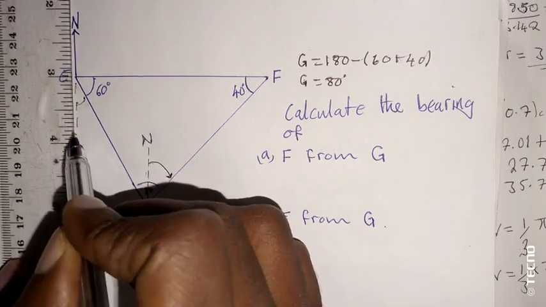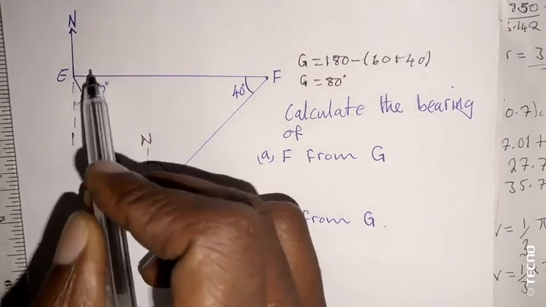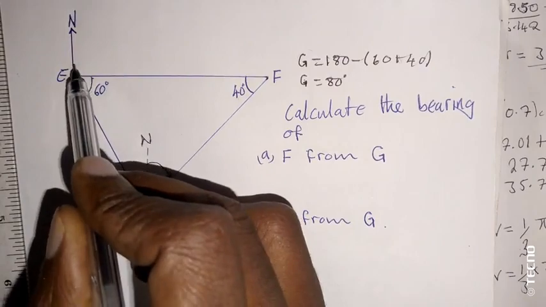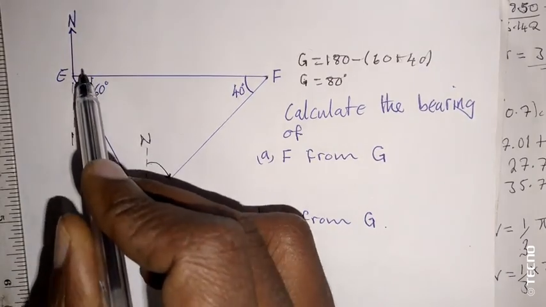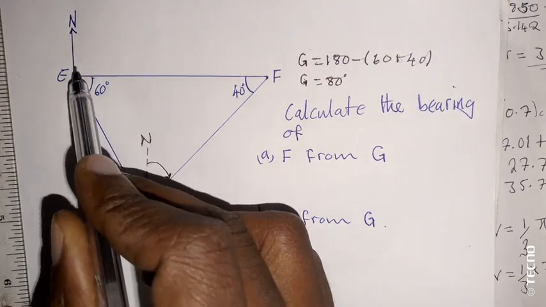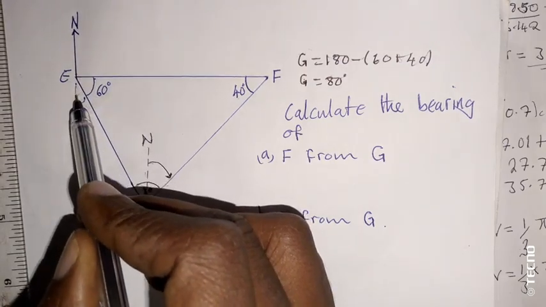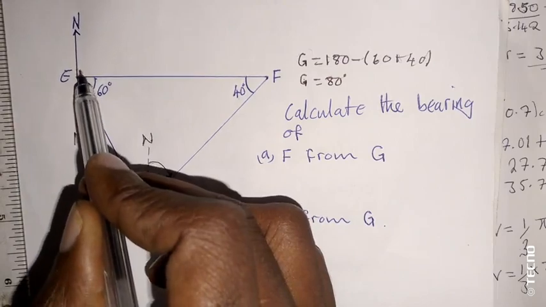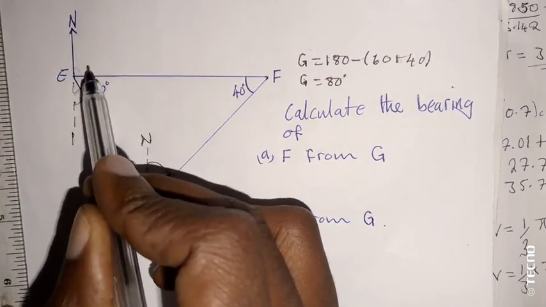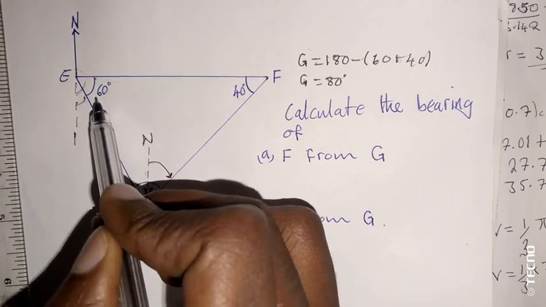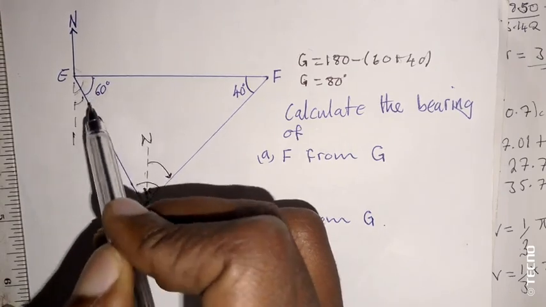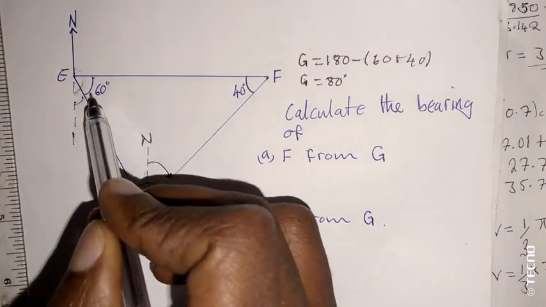We are saying that this is 90 degrees. So if this is 90, all of this from here to there will add up to 180. This is 90, this is 60. So now 90 plus 60, what are we going to have? We are going to have 150.